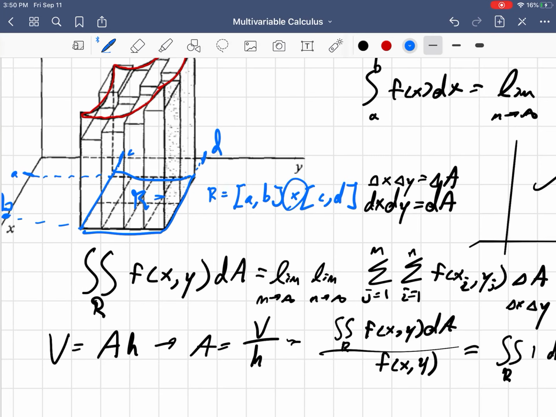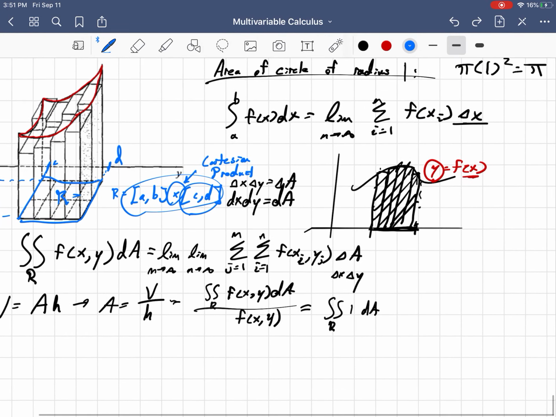And this cross right here is not the cross product with two vectors or anything. It's just called the Cartesian product. And the Cartesian product is just a quick and dirty way to say that what you're talking about is this rectangle, which starts at x equals a and ends at x equals b, and then on the separate axis it starts at y equals c and ends at y equals d, and then we're including everything in between. So that's the Cartesian product.